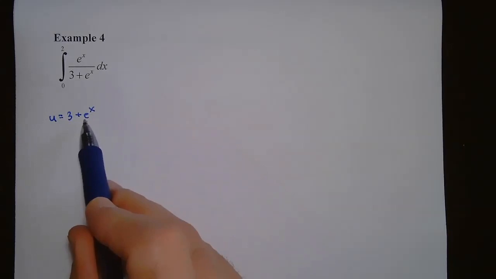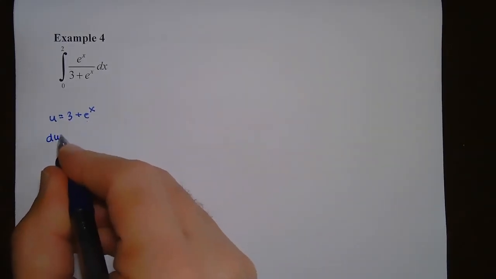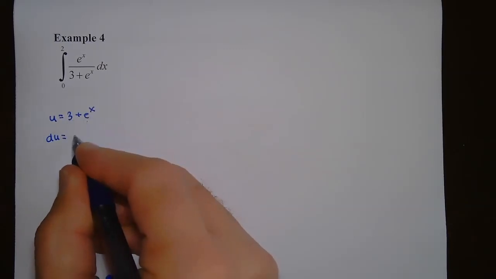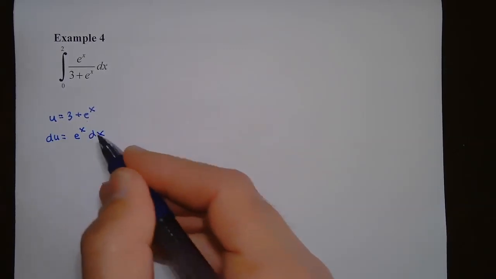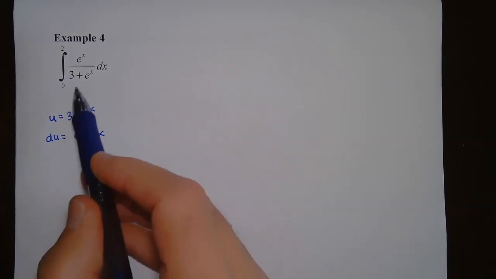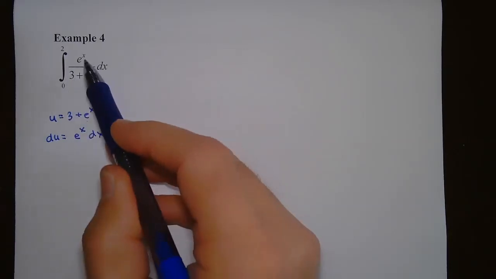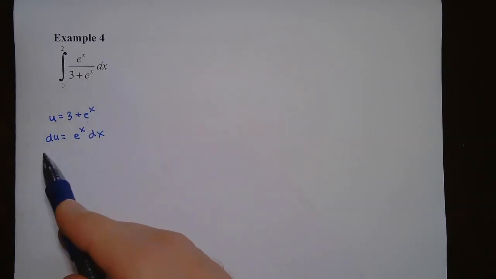Because when we take the derivative, du equals 0 plus e to the x, or just e to the x, and then dx. So by letting u be this denominator, it picks up this e to the x and the dx to make your du.